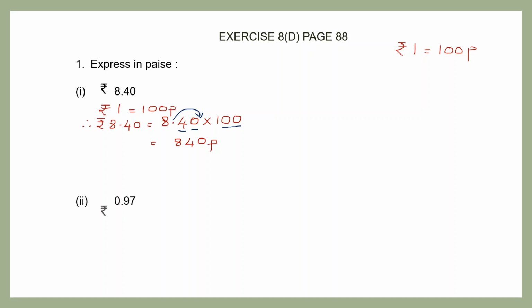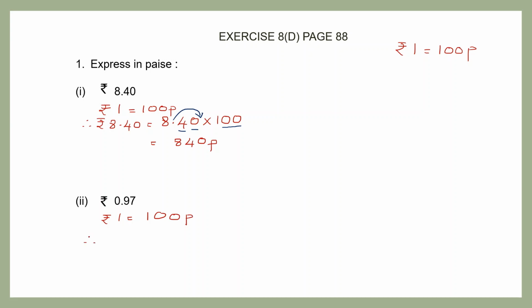Question 2. We have rupee 0.97. Okay, that is, we have 0 rupees and 97 paise. So after the point, the 2 digits will always represent paise. So 0.97 or rupee 0 and 97 paise. Now we're going to convert this into paise. So let's start by saying in 1 rupee we have 100 paise.